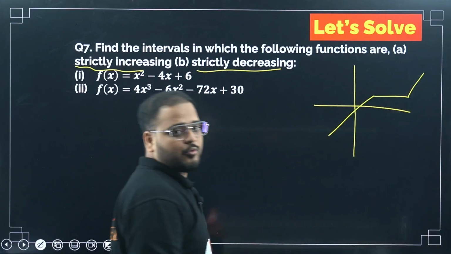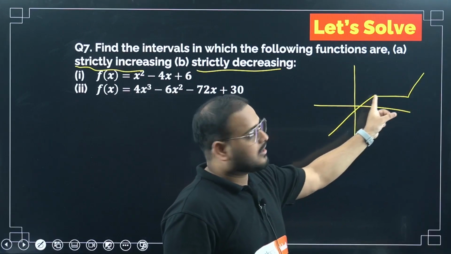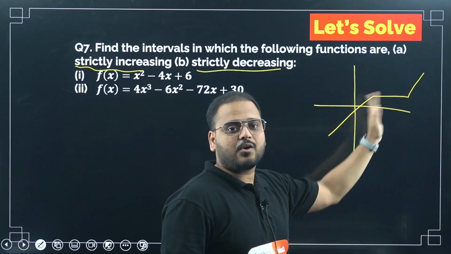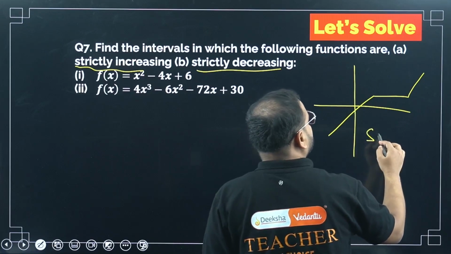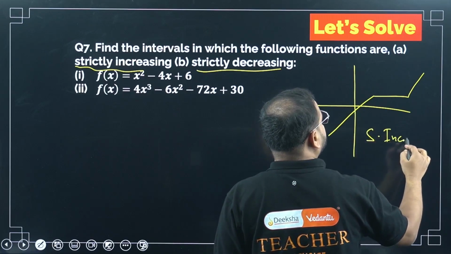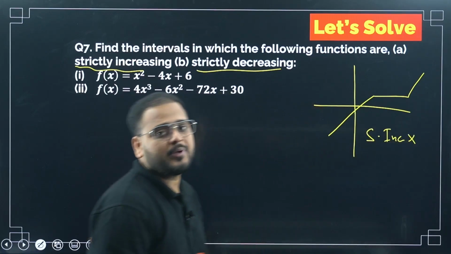Look at this function: increasing, constant, increasing, increasing, constant, increasing. Can we call it strictly increasing? No, sir, you cannot call it strictly increasing.